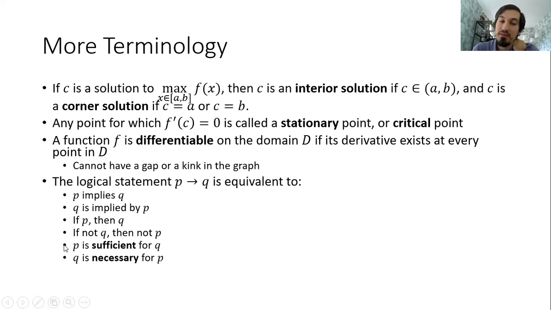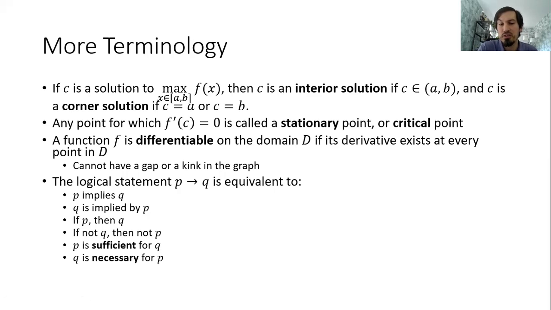Okay, now let me talk about the 2 that actually matter for this class, these last 2. And that is to say P is sufficient for Q. It's the same as what's written here. It means that P implies Q, or if P happens, then Q has to happen. Usually for this class, Q will be the thing you're trying to show.